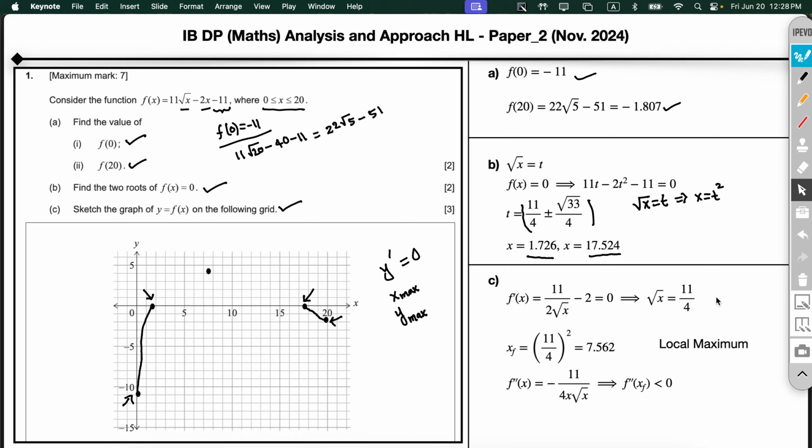That is because f double prime of x is less than 0. And at that point, the highest value of this function is 4.125.